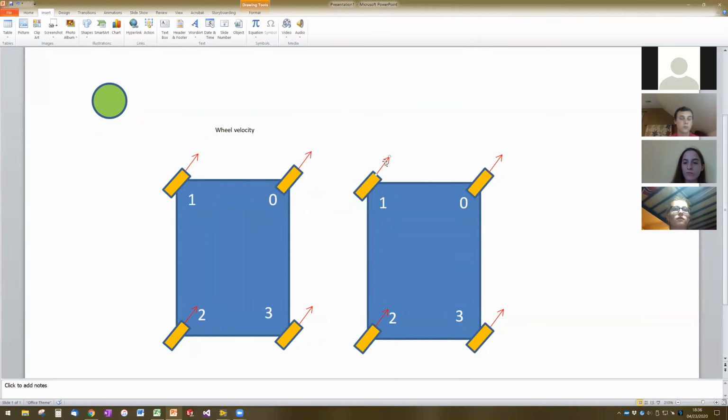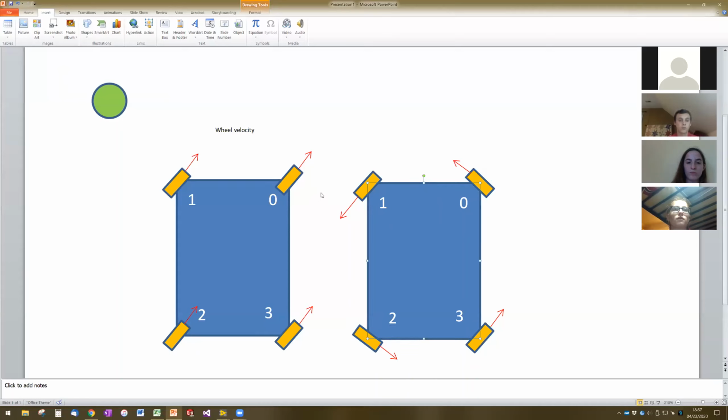So if we wanted to rotate counterclockwise, that ideal counterclockwise configuration would look something like this. Does anyone have any questions or comments about how this configuration would make the robot rotate counterclockwise?